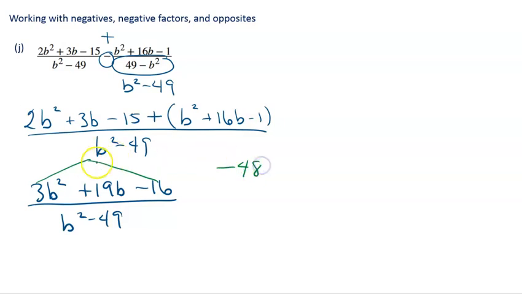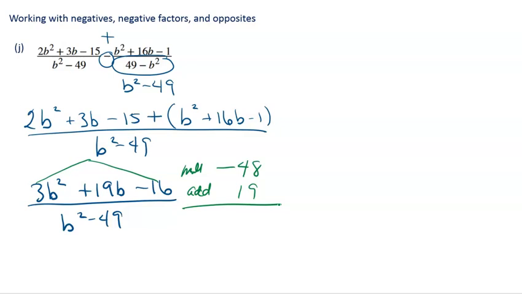A lot of times I write it at the top of the triangle. So I need numbers that multiply to be negative 48 and add still to be the middle number, which is 19. Now, you just start thinking about things that multiply to be negative 48. Now, but the first look is 3 times 16, right? Multiplies to be 48 and adds to be 19.